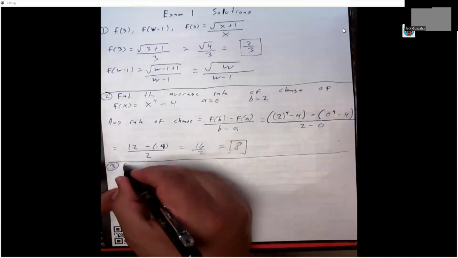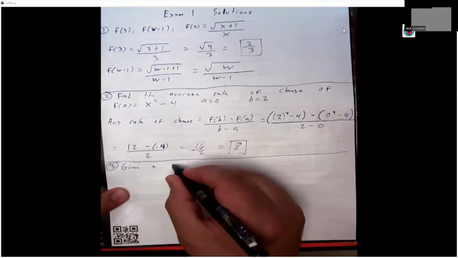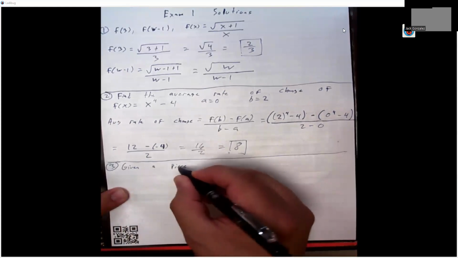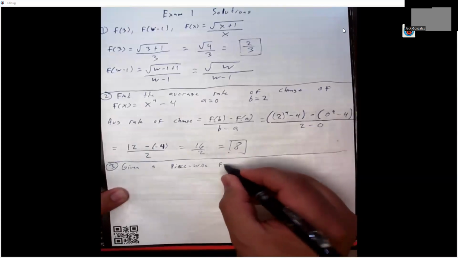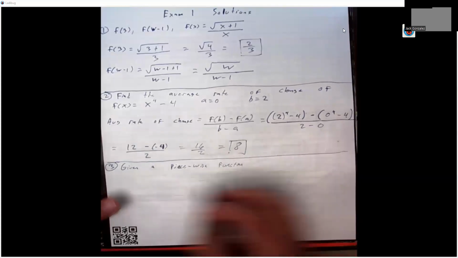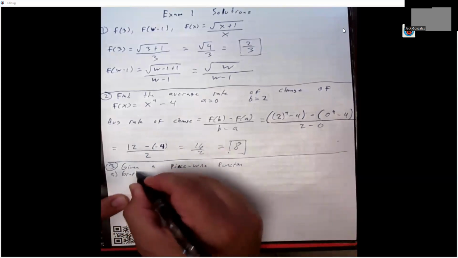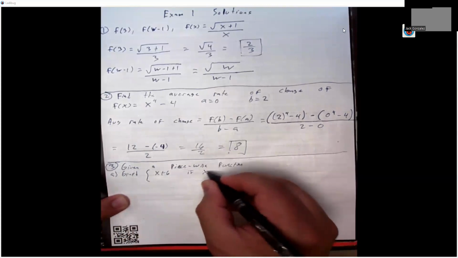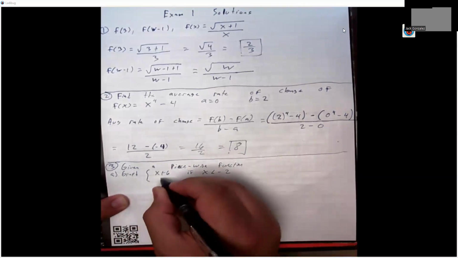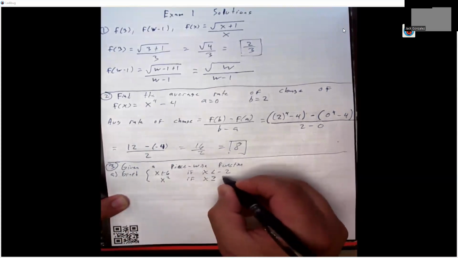Question 3 was given a piecewise function, graph x plus 6 if x is less than -2, x squared if x is greater than or equal to -2.